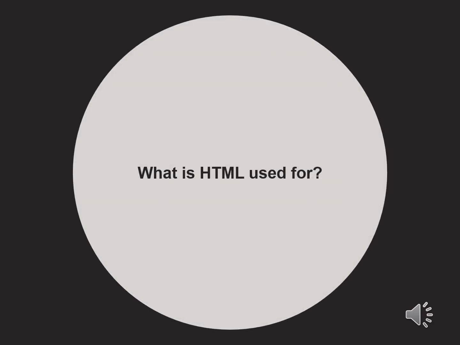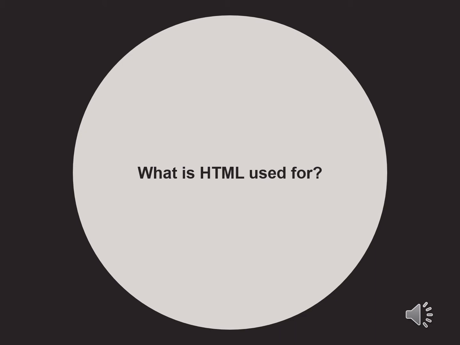So the first question is, what is HTML used for? Here, HTML is a programming language, or we can say it's a markup language, because it's not a lot like a generic programming language. HTML is only used for web programming.